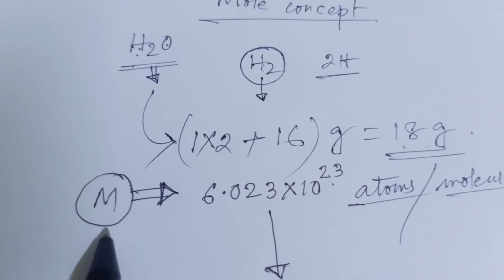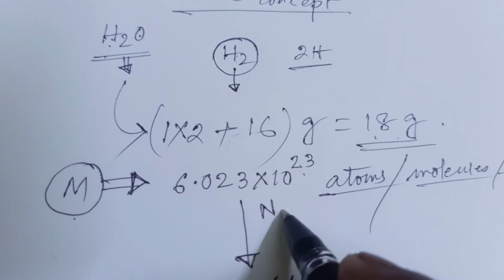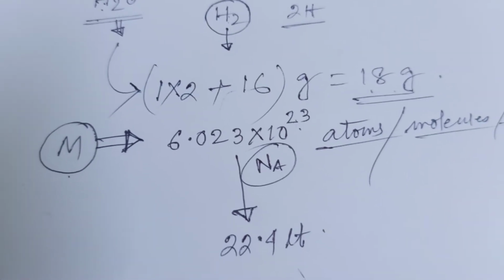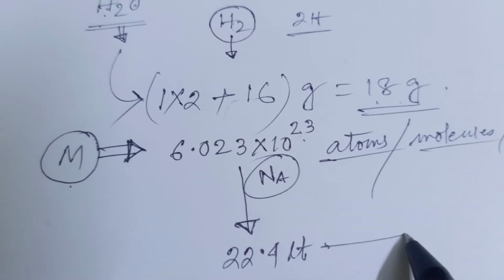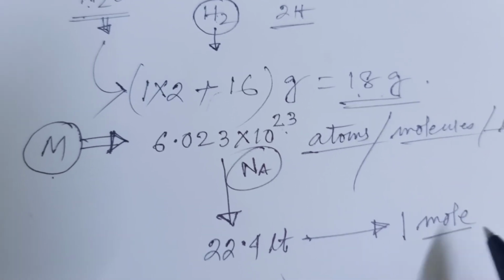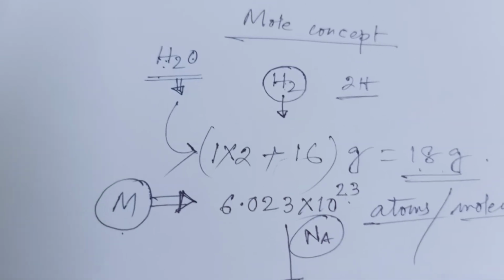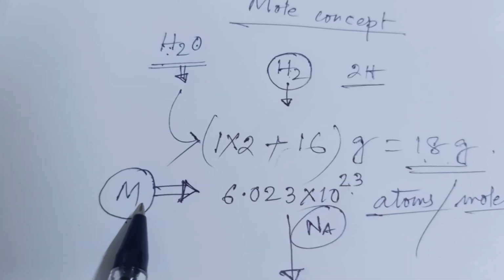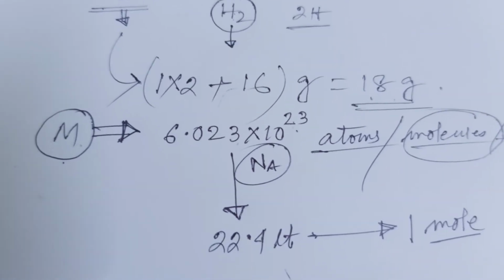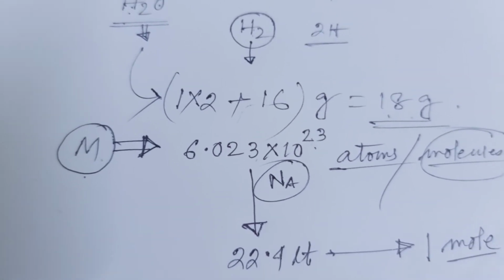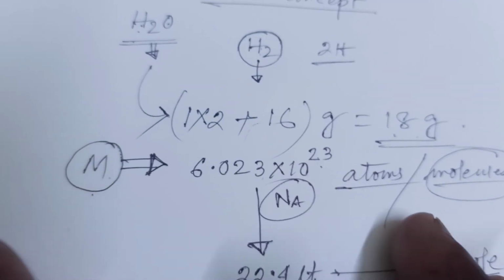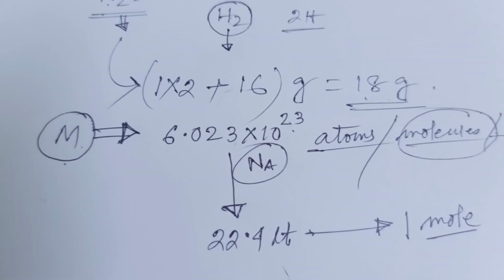So molecular weight, then Avogadro number, then 22.4, and this is called 1 mole. So it is so simple. Molecular weight contains this number of molecules, and the volume of these molecules is 22.4 liter, and this is called 1 mole. So this is the basic concept.